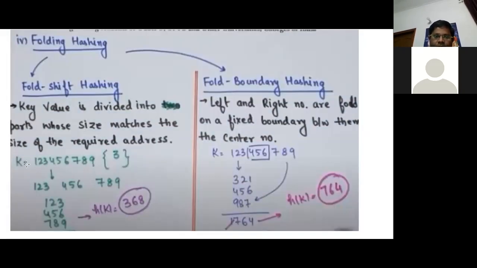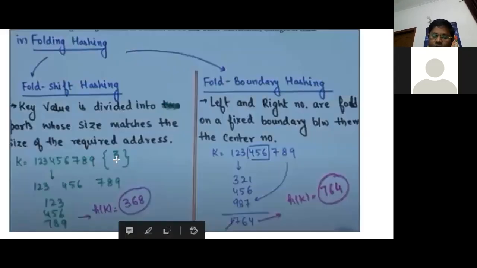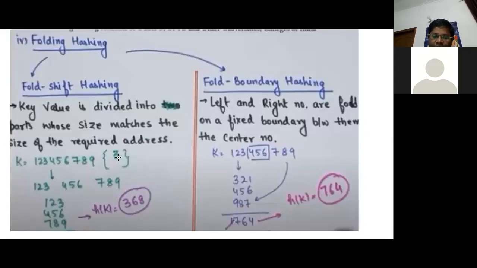Again, I'm explaining it. You have been given a key and the size of the database where it is to be stored. So what you have to do is split or divide the key on the basis of the size. Here the size is 3 and the key value is of length 9, so split it into 3 parts: 123, 456 and 789.